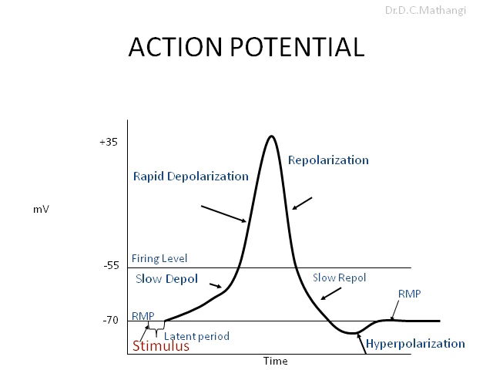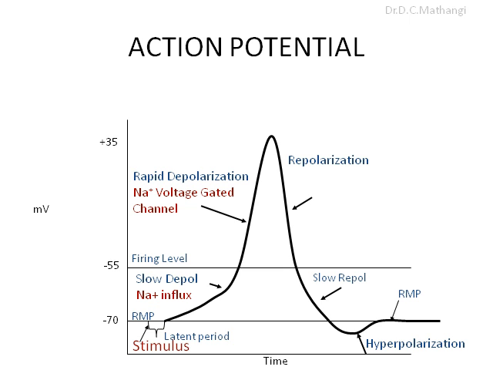Now, what's the ionic basis for each of these states? It was slow initially after the latent period because of the slow influx of the sodium ion. So a positive charge from outside is starting to enter into the cell, making the resting membrane potential go from minus 70 to reach the firing level of minus 55.